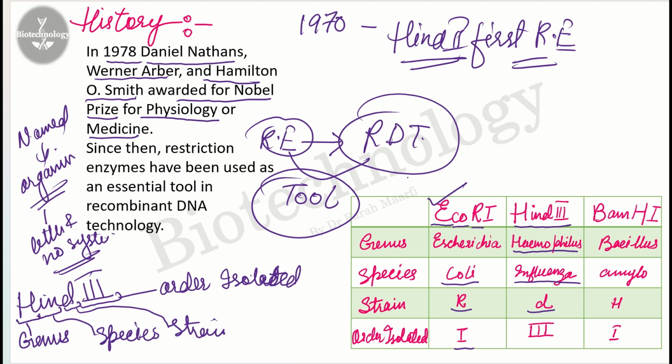Influenza is the species, Haemophilus is the genus, and III represents the order of its isolation. For BamHI, B represents Bacillus, AM represents amyloliquefaciens for the species, H represents its strain, and I represents the order of its isolation. There are several other examples of it also.